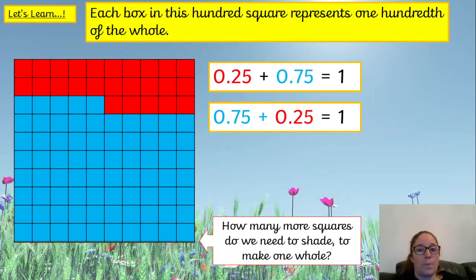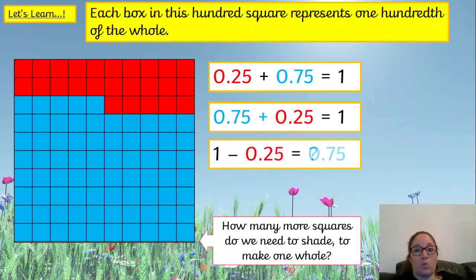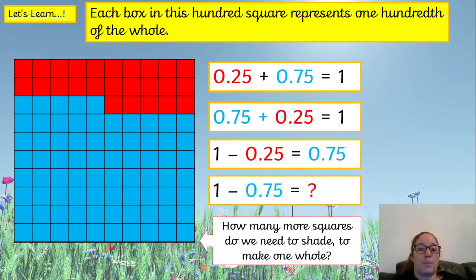How else can we write it with those digits there, so using all three of those, how else can we represent this calculation? We can do 1 subtract 0.25 equals 0.75, and 1 subtract 0.75 equals 0.25. All related number facts.